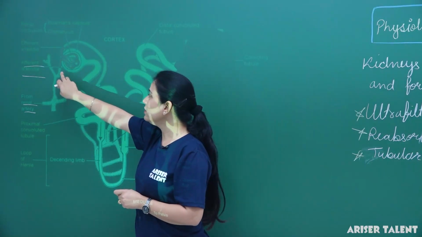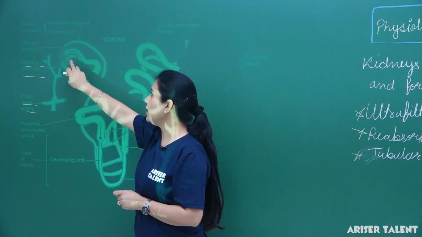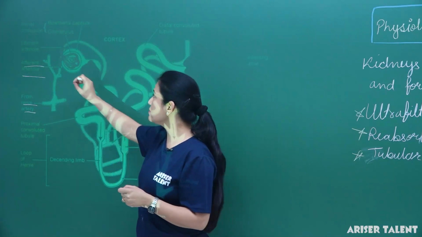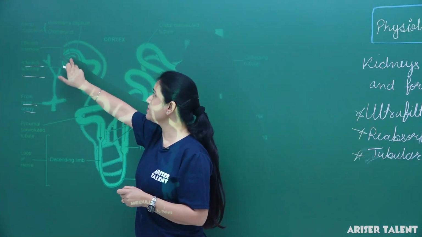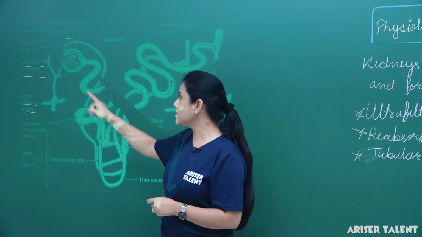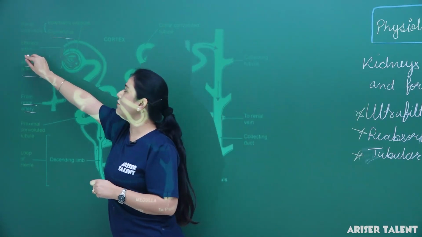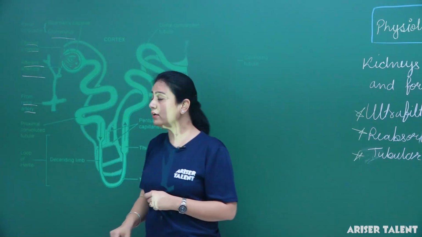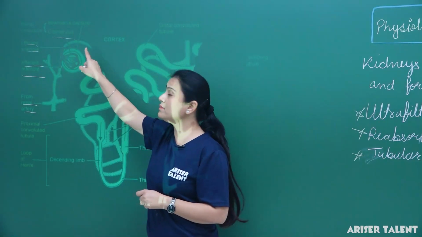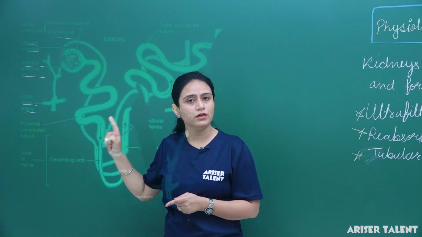Now this afferent arteriole goes into the Bowman's capsule, and here it further divides and forms many capillaries which are known as the glomerulus. These glomerular capillaries form a knot, and then they form the efferent arteriole. Then this efferent arteriole again forms a network of capillaries around the renal tubules.